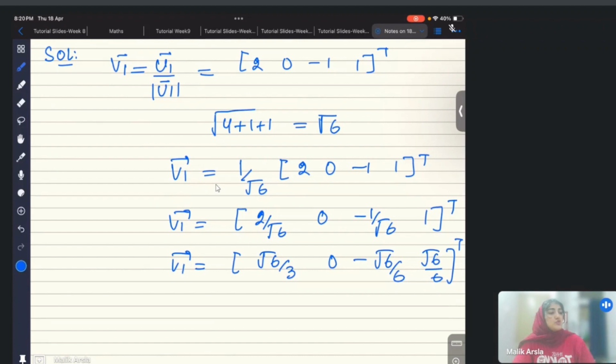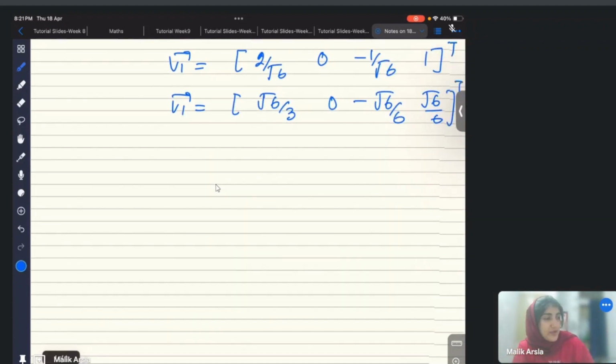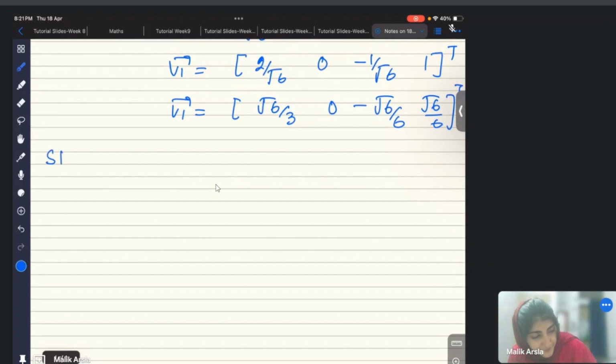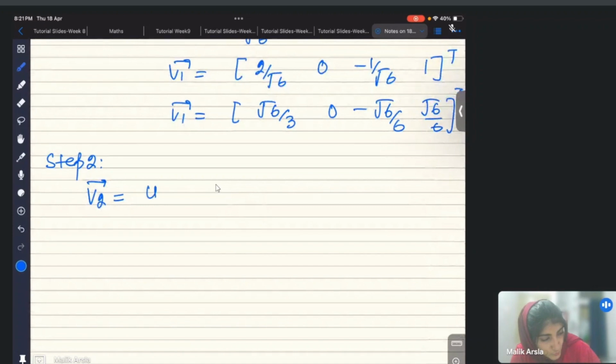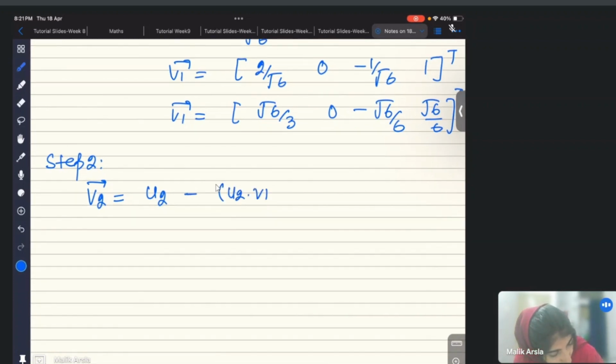So this is our first vector v1. Now moving ahead, we have to find a vector v2, which will be u2 minus projection of u2 along v1. So that will be u2 dot v1 into v1.